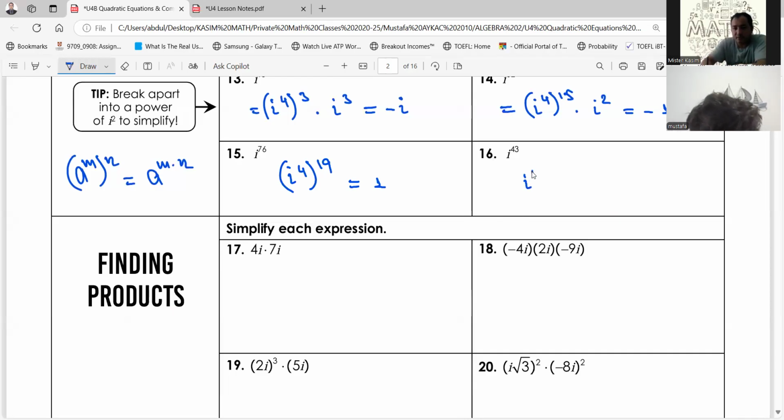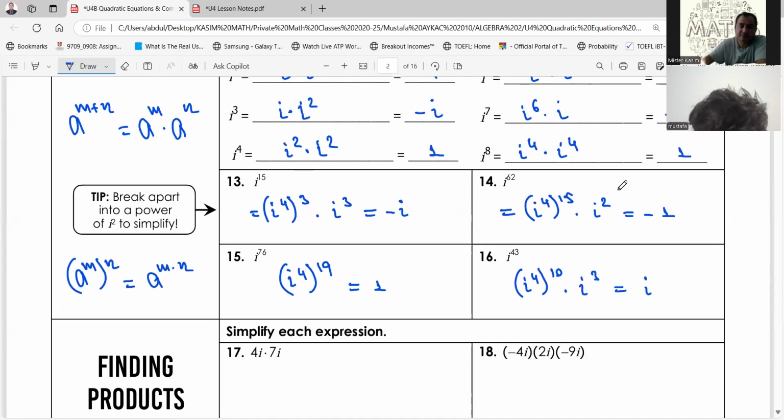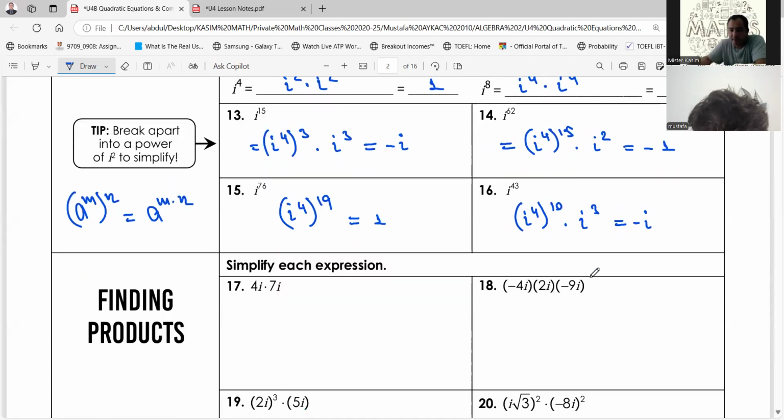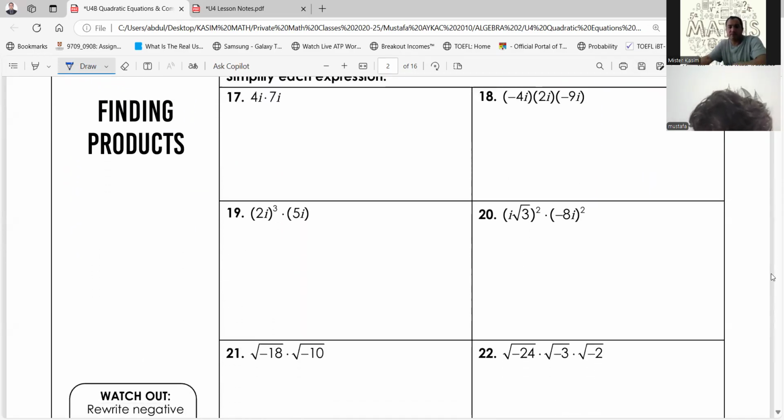Because i to the power of 4 to the power of 10 times i cubed. So that's equal to negative i, right? Negative i. Okay. Now, 3 more minutes, Mustafa, then we'll finish the class.